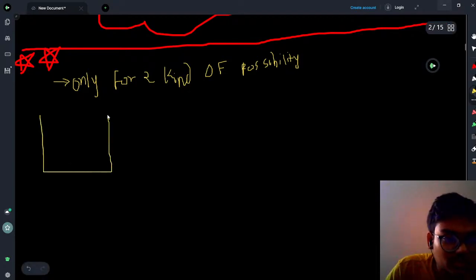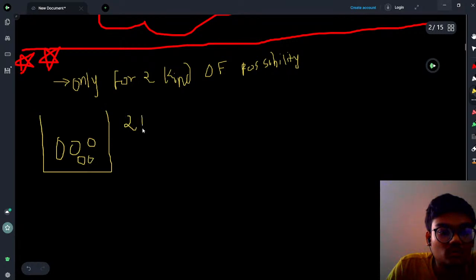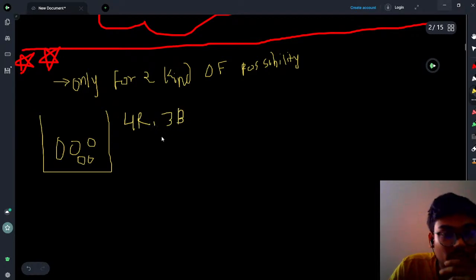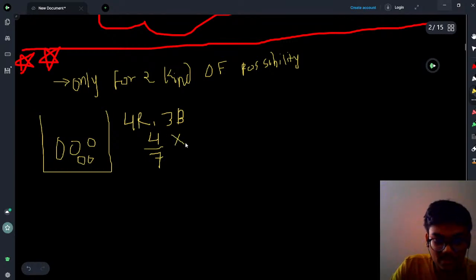So if we have this basket in which we have red balls and blue balls, now we have four red balls and three blue balls. Now we want to select a red ball, so what's the possibility there? We can select one red ball from the total, and now we have only three red balls, and the total will also decrease to 6.